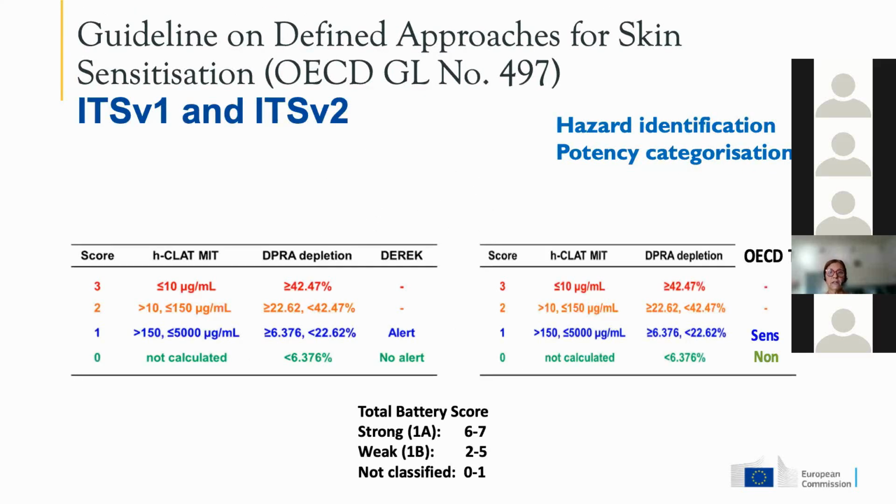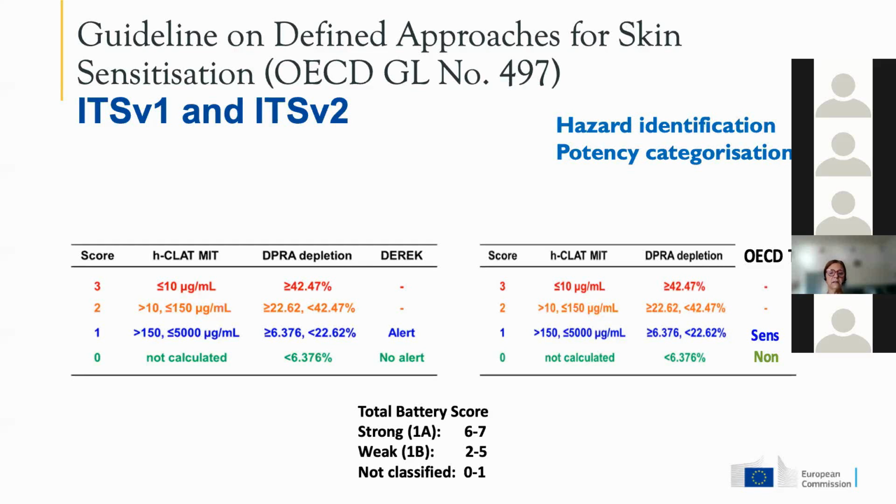The second part of the guideline includes DAs that, in addition to hazard identification, also provide information on potency categorization. Currently, there are 2 of these DAs described in the guideline: the ITS version 1 and the ITS version 2.